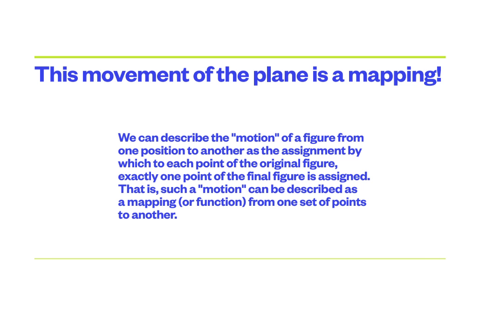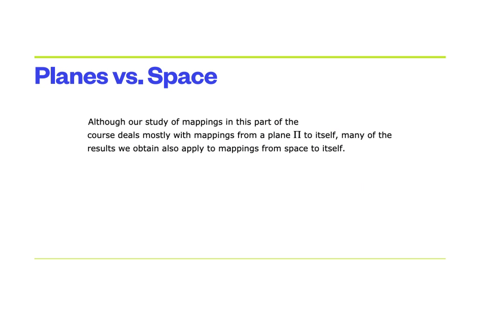Remember, a mapping is a situation where I have an input that has exactly one arrow out. So every point in that plane is assigned exactly one place. Although we are primarily studying mappings of the plane, many of these results also apply to mappings of space to itself.